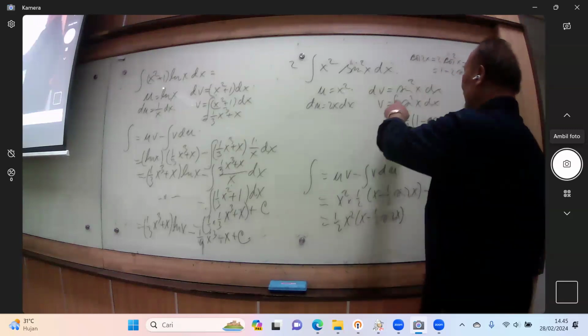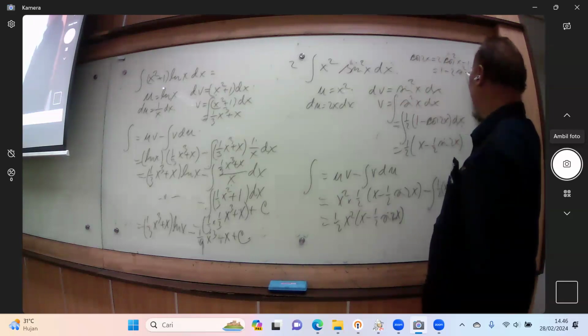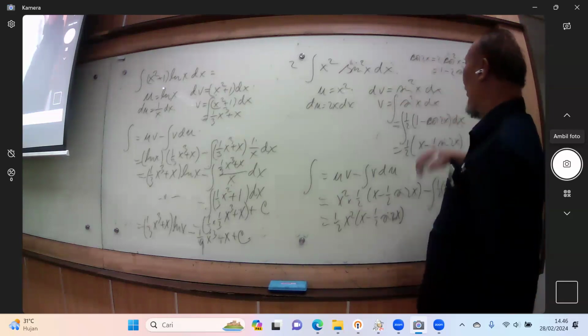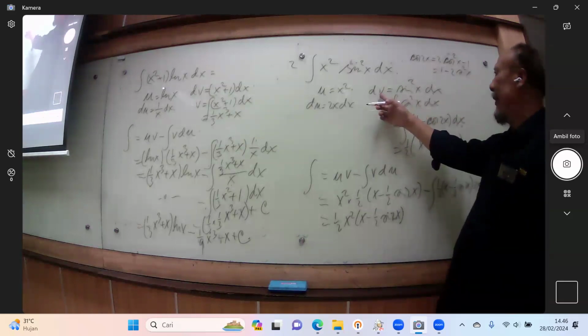So why do we use this one? Because we know that the square becomes the power of 1. This is the idea of why I choose this v.